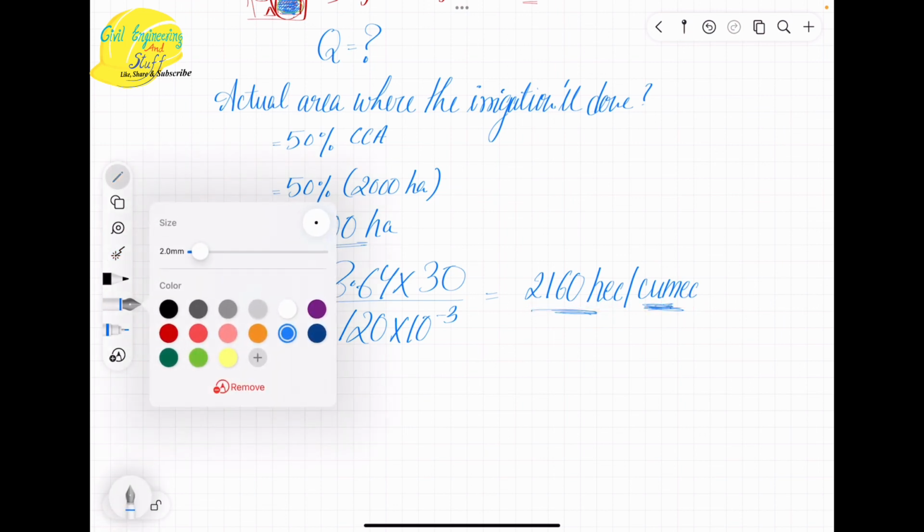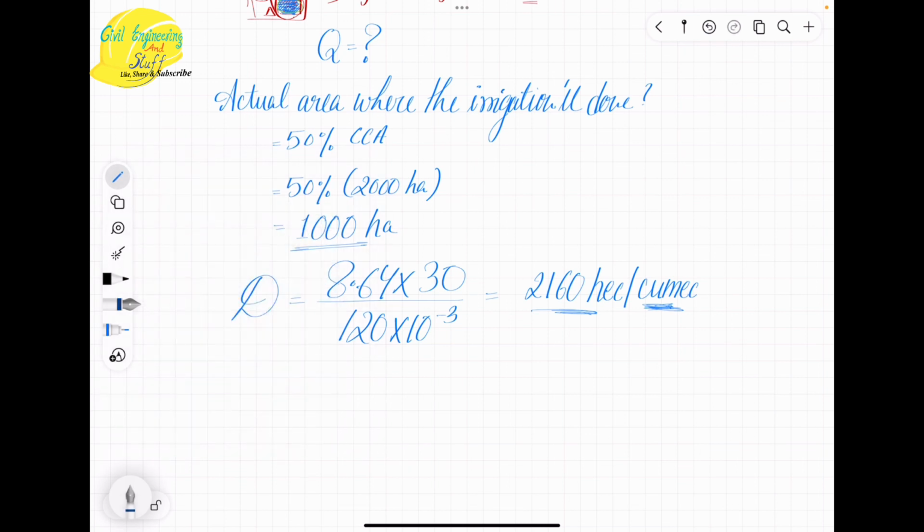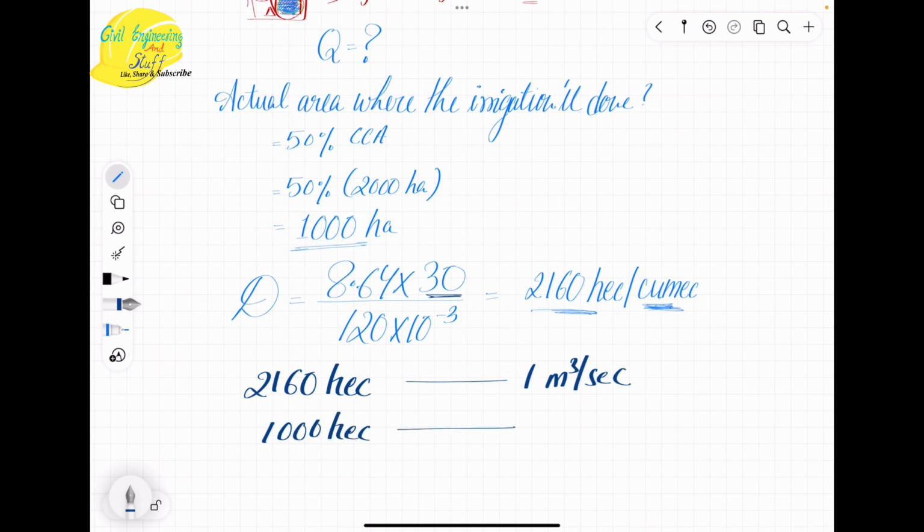So by simply using the unitary method, 2160 hectares of land can be irrigated by 1 meter cube per second of discharge in these 30 days. So 1000 hectares of land will be irrigated by how much?